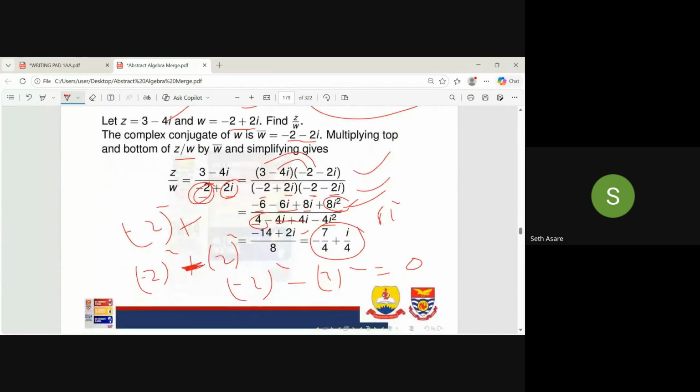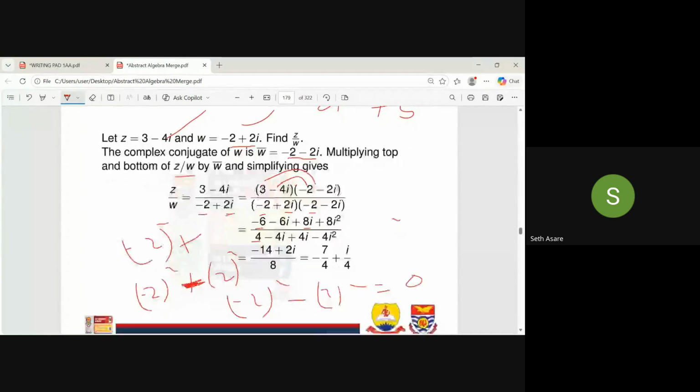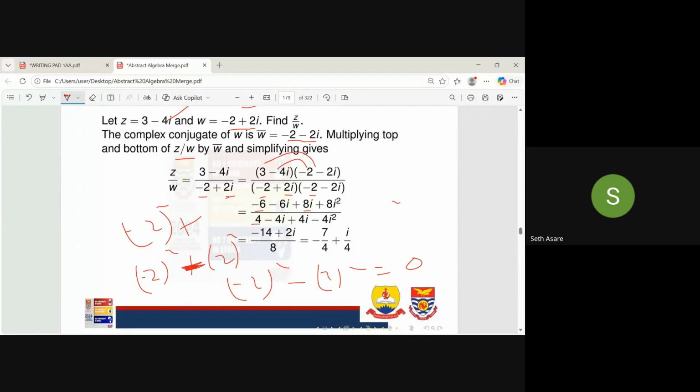But if you want to expand it, look at the expansion. Here we are saying that we don't want to add any i to it. That's what the shortcut way is. But if you are expanding it, then you can go your true way. This one will multiply this to give me 4. This multiply this gives 4i.